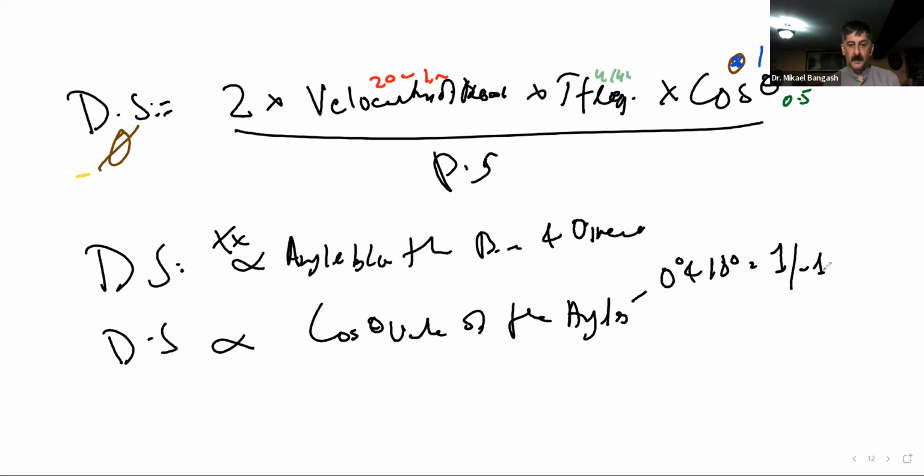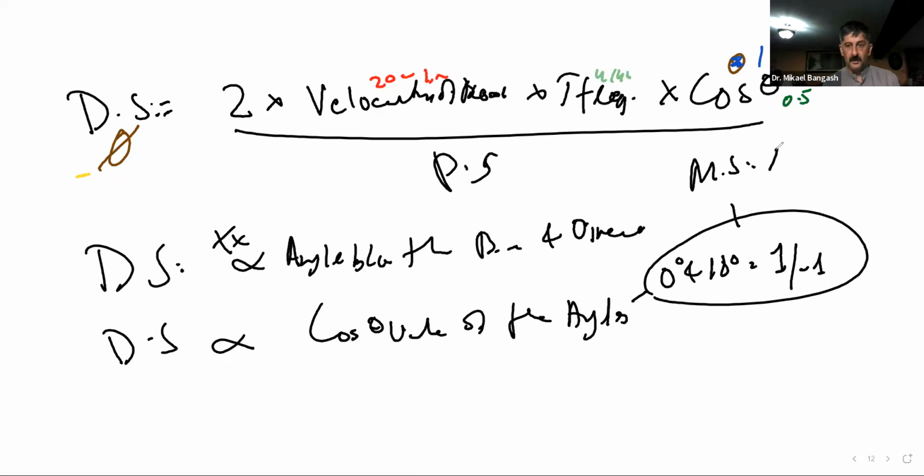In this case, yes, the measured speed or measured velocity equals the actual speed or actual velocity.